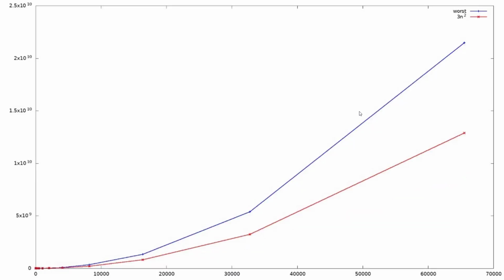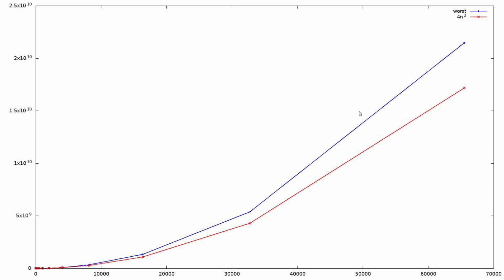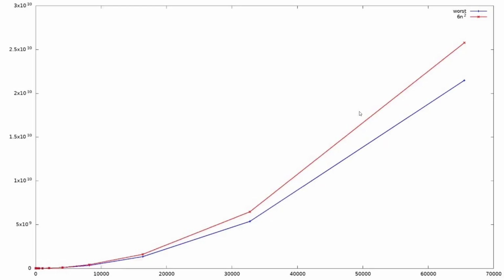So there's 2, 3, 4 is not quite there, 5 is right on it, and 6 is above it. So since there is a constant that brings n squared above the number of operations for a particular size n of the bubble sort, we can say with confidence that bubble sort, in the worst case, is big O of n squared.